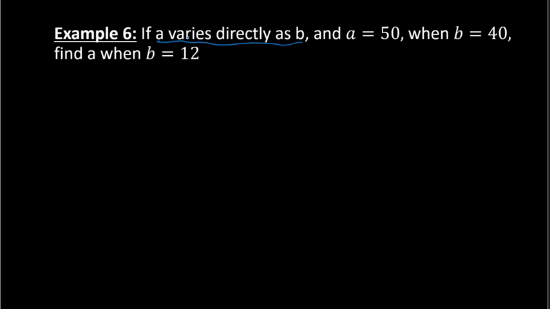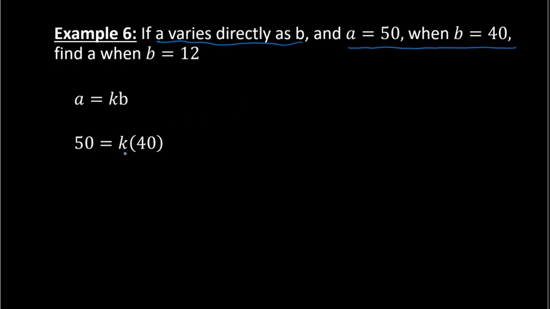So we can write this as a equals k times b. And then we know that a is 50 when b is 40. So use this to figure out what k is. So this is scenario 1. So plug a 50 in for a, plug a 40 in for b. So we have 50 equals k times 40.